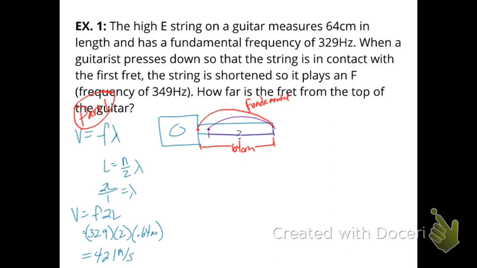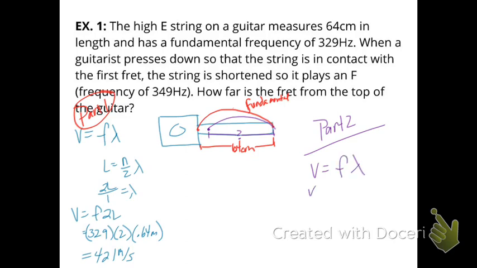So part 1. Now part 2 is going to be working kind of the same idea, except we're looking for a different value. We're looking for L, the length that it needs to be away from the top of the neck. And length, remember, is related to wavelength. So we know that velocity is equal to frequency times wavelength.